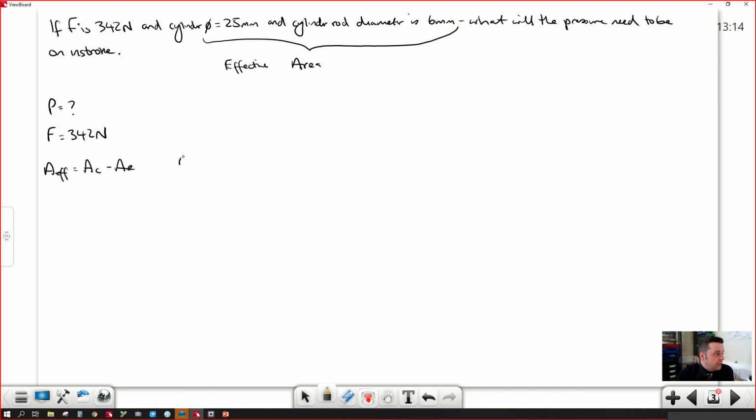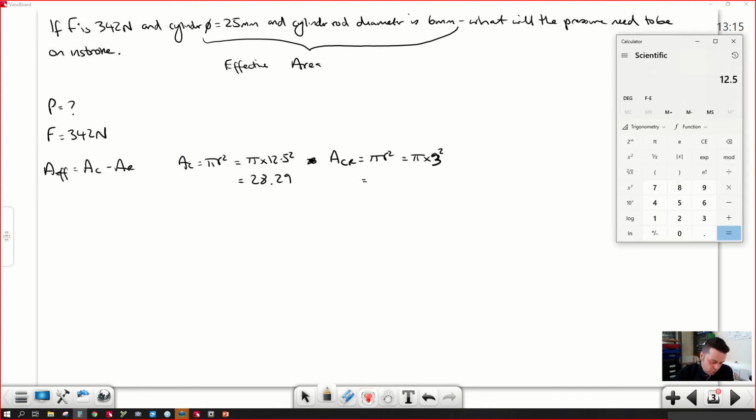Okay, so let's work out AC first. Pi r squared, the diameter is 25, so r is 12.5. That might not be right, I might end up coming back to that. And then ACR is pi r squared, and that's 6, so pi multiplied by 3 squared.